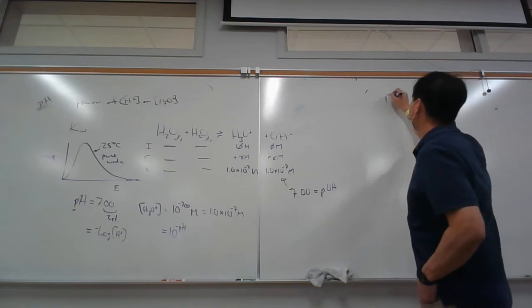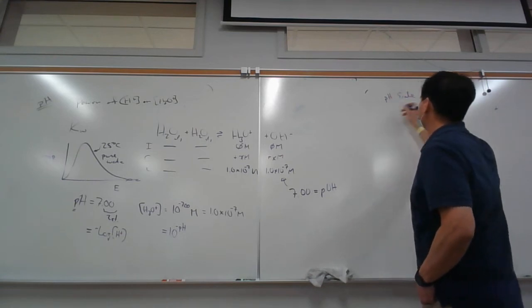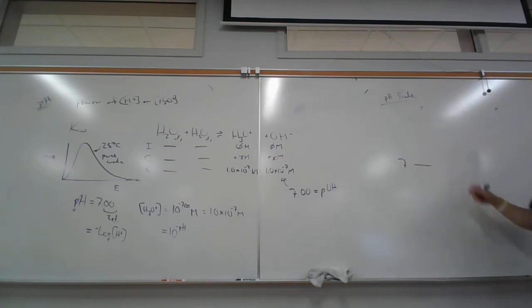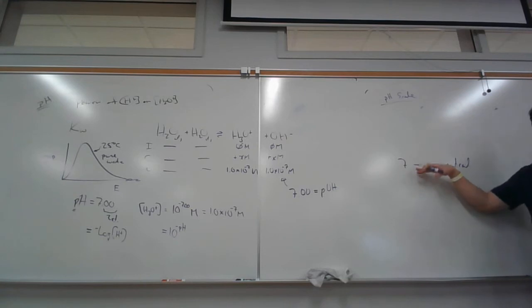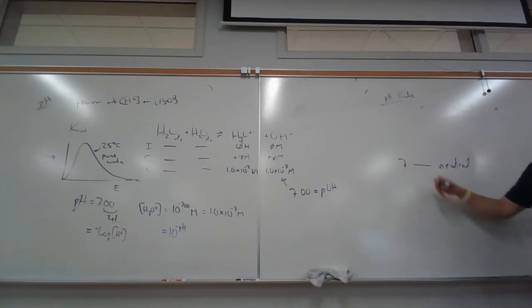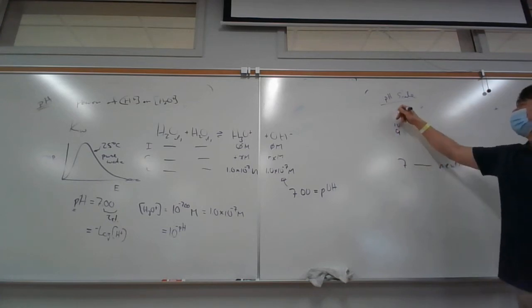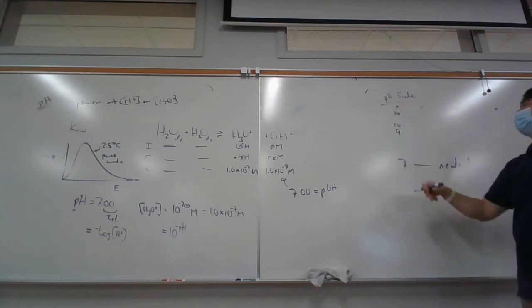So let's look at the pH scale. In the middle of the scale, 7, this is what we call neutral. So if it's pH 7 and we have a temperature calibration or adjustment on, it's neutral. And so pH is about 7 to, let's say, 9, 10, 14, on up.